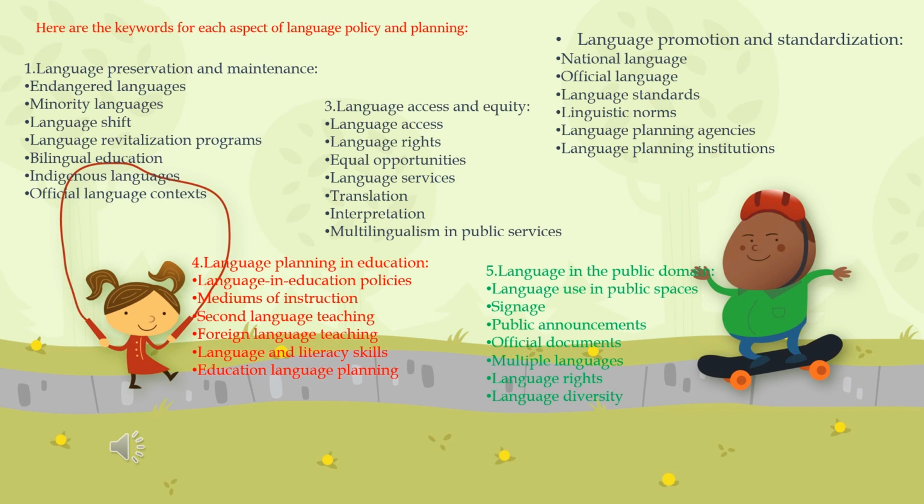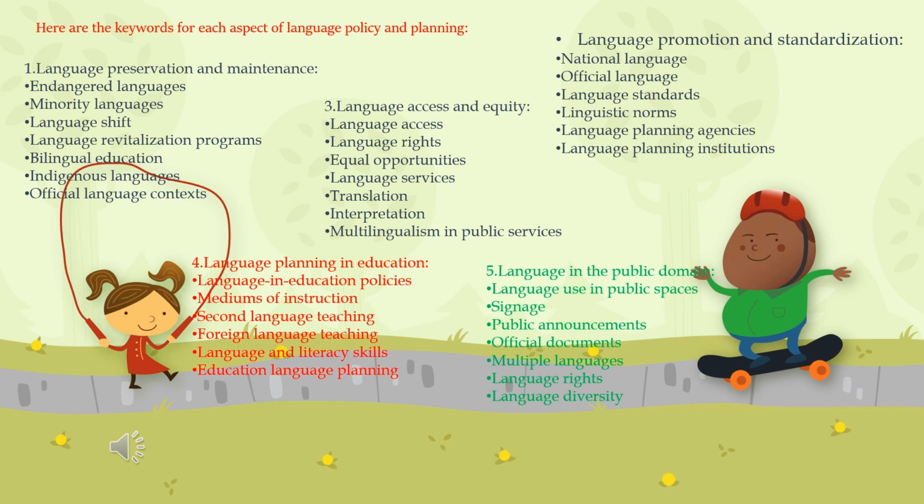Number 1 is language preservation and maintenance. This focuses on safeguarding endangered or minority languages from language shift or extinction. Efforts may include language revitalization programs, support for bilingual education, or promoting the use of indigenous languages in official contexts.